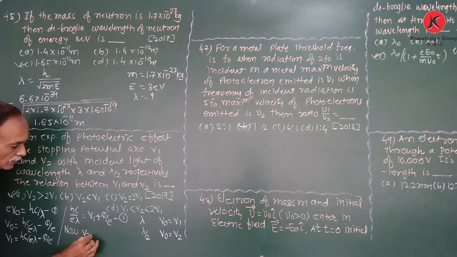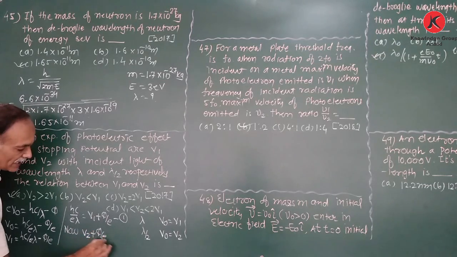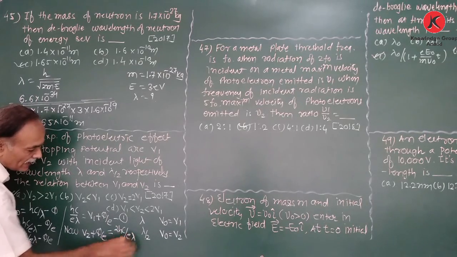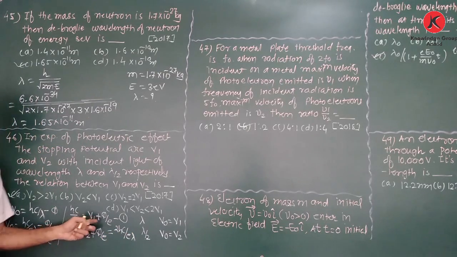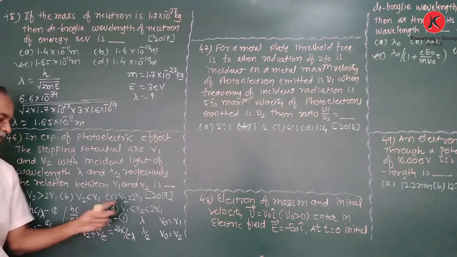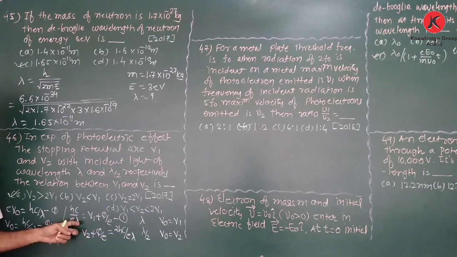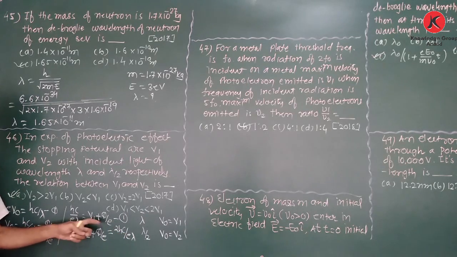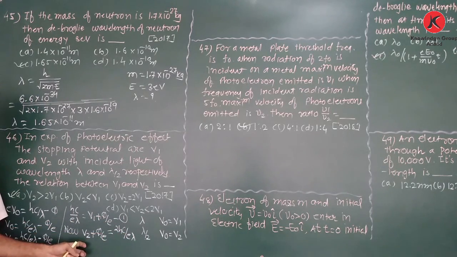Therefore, V2 plus phi upon E is equal to 2Hc upon E lambda, because lambda by 2 in the denominator comes into the numerator. So 2Hc upon E lambda is equal to V2 plus phi upon E.